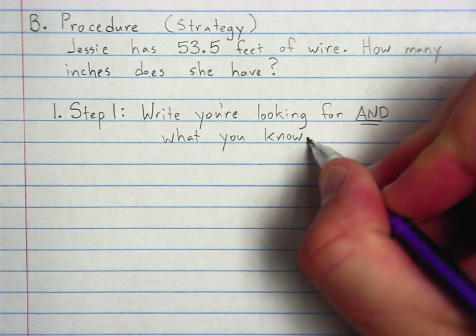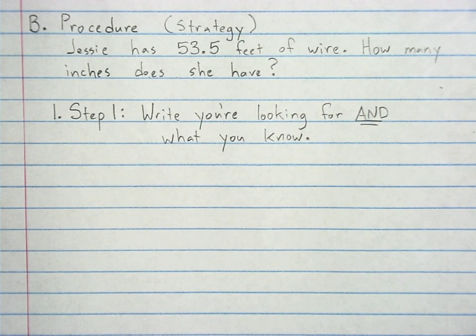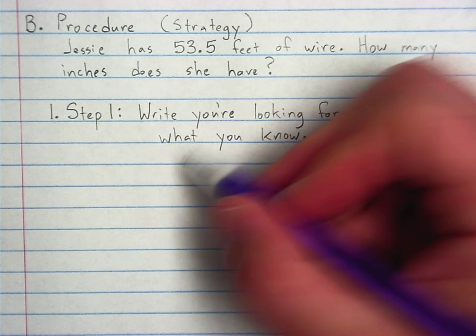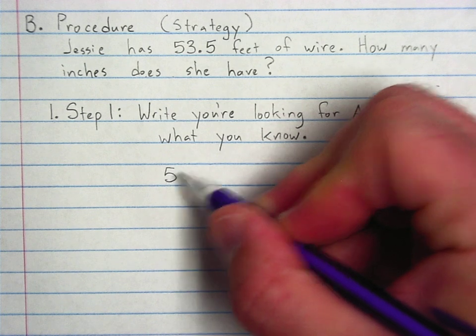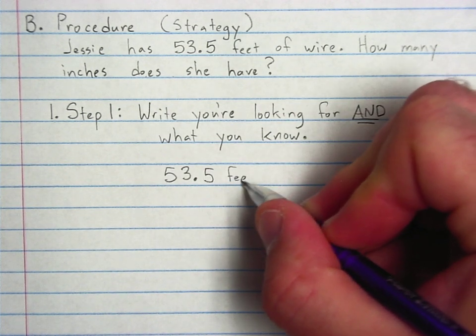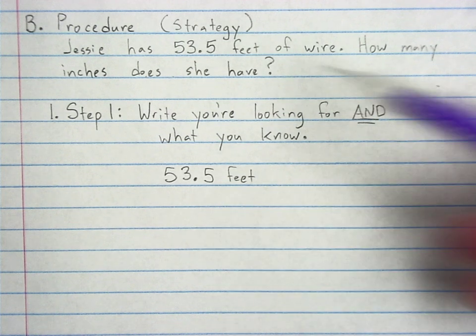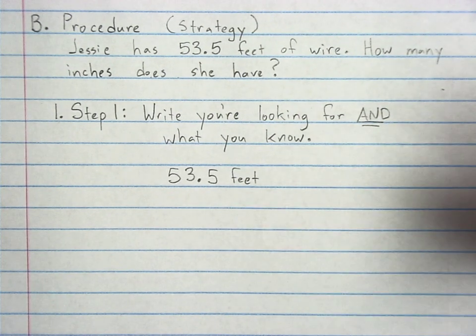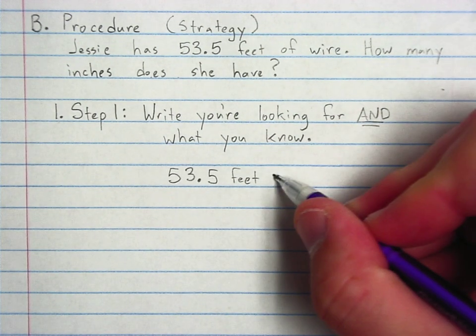It's important to write both pieces. Okay. So in this case, I know that Jessie has 53.5 feet of wire.